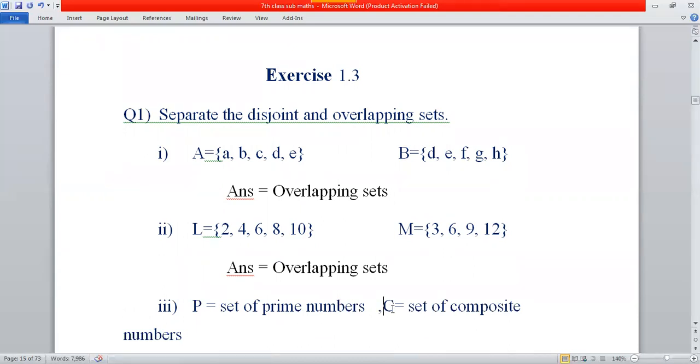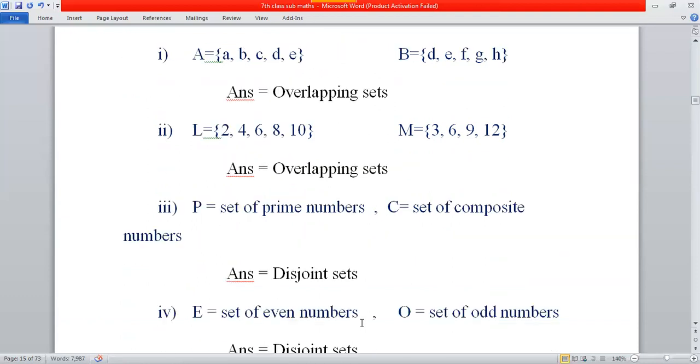In natural numbers, if a number is not prime, then it is a composite number, which is divisible by more than two numbers, like 4, 6, 8, 9, and so on. So the set of prime numbers and the set of composite numbers are totally different from each other. Nothing is common between them, so they are disjoint sets.